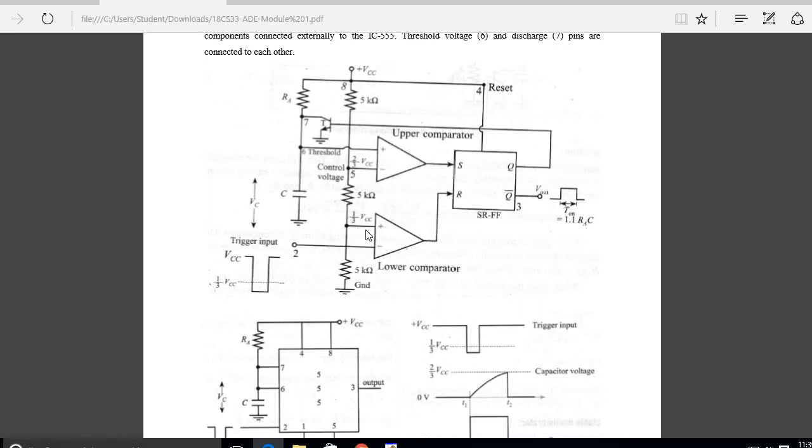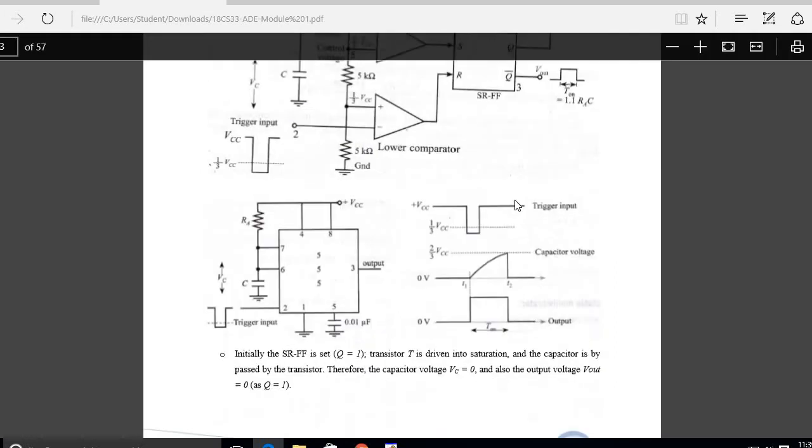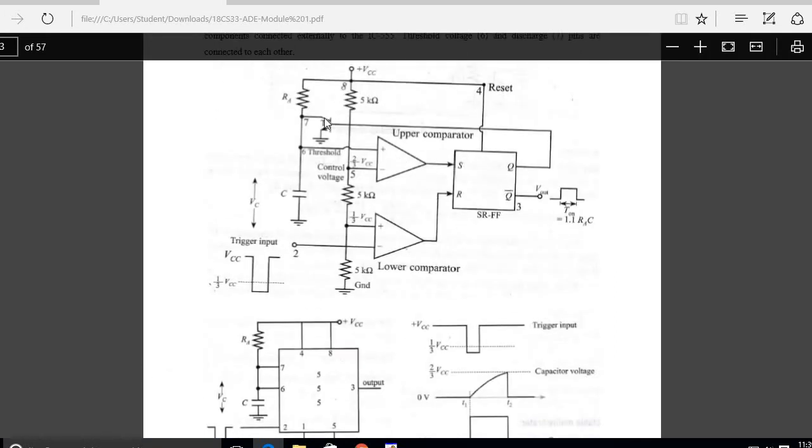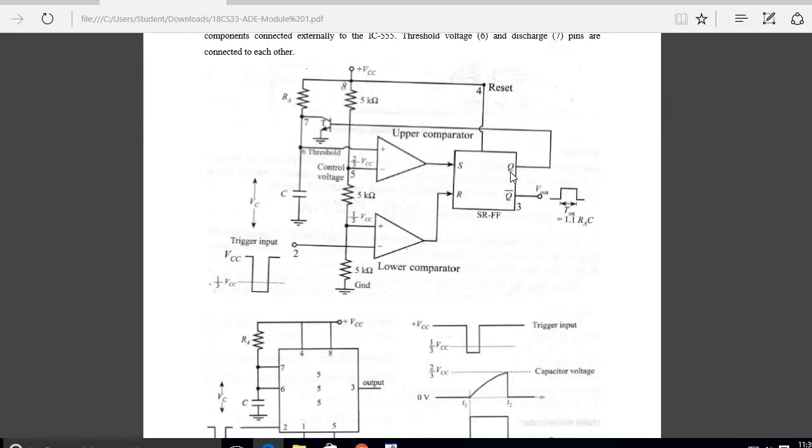Same as before, 1/3 VCC is supplied to the lower comparator, and 2/3 VCC to the upper comparator. Initially Q should be 1. If Q is 1, meaning the output of the flip-flop Q is 1, the transistor T is driven into the saturation region.